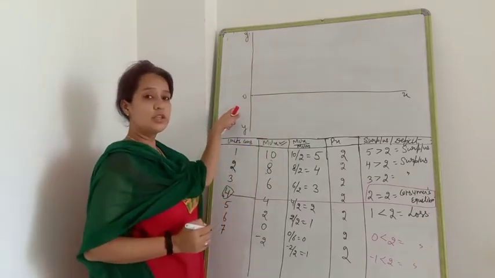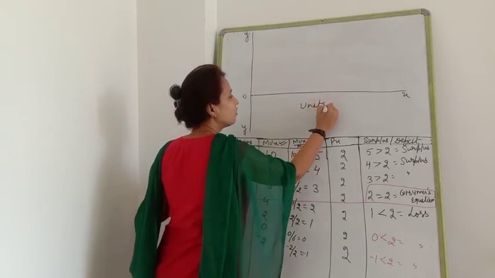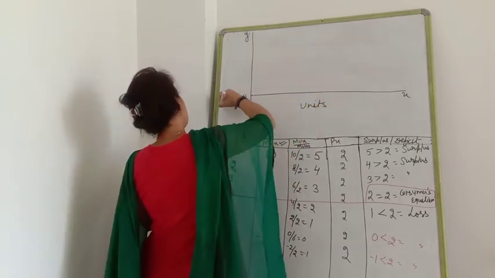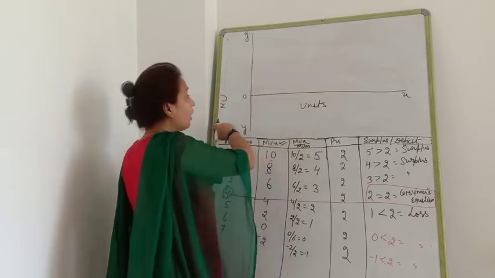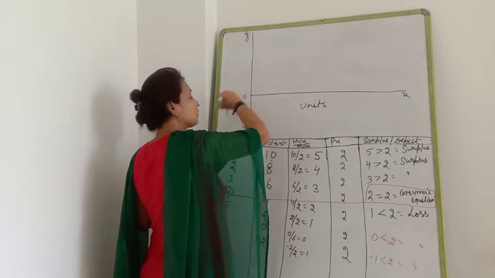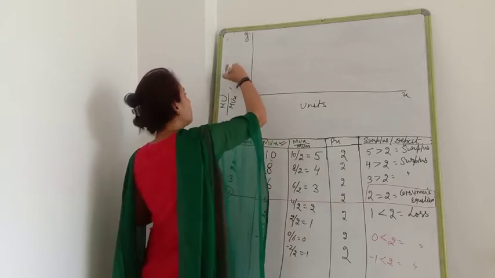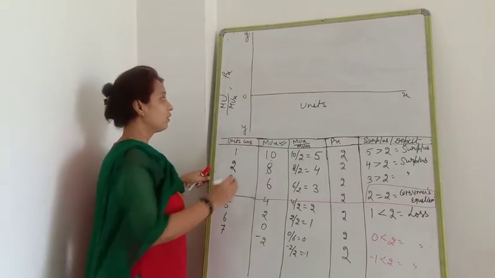Now here on the 0X axis we are going to take units. Clear? Here at 0 we are going to show marginal utility divided by which column, MUX. And second we are going to show the price of the X commodity.